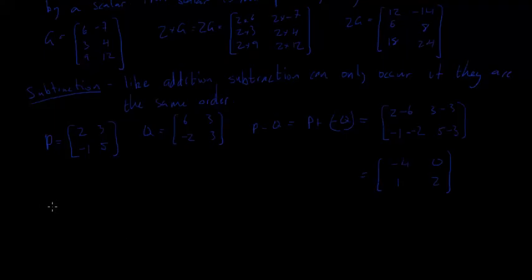Small note: there are two other types of matrices we can look at, two special ones. The first one is called the zero matrix, and I'm going to put a green underline under that. Let's call it a zero matrix or null matrix.